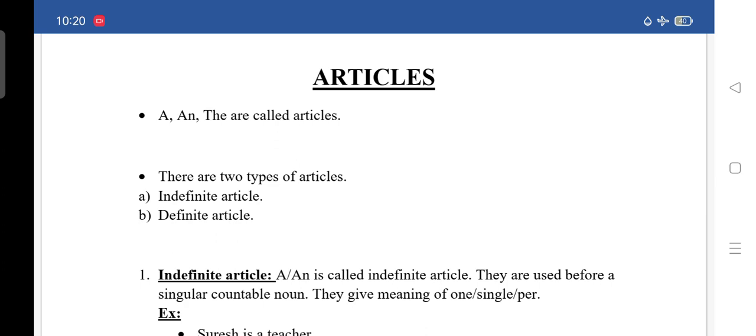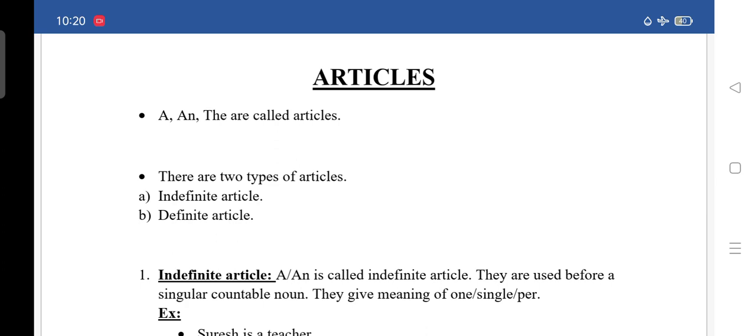So why we are writing it here is, we use the before the names of special or definite or particular things. So here I am telling you about a particular thing. What is that? He is the student who got the first rank in the examination. So that's why I am using the.